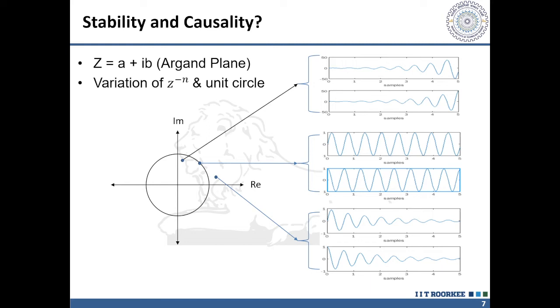These regions play a major role in determining stability and causality of a signal by using correlation method. For any signal, if it correlates with the diverging or converging plot, then the signal is unstable or stable respectively.